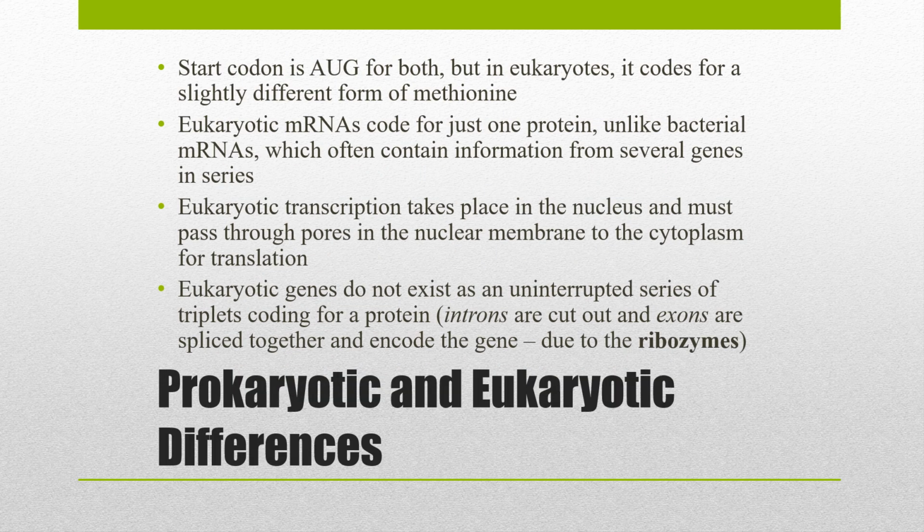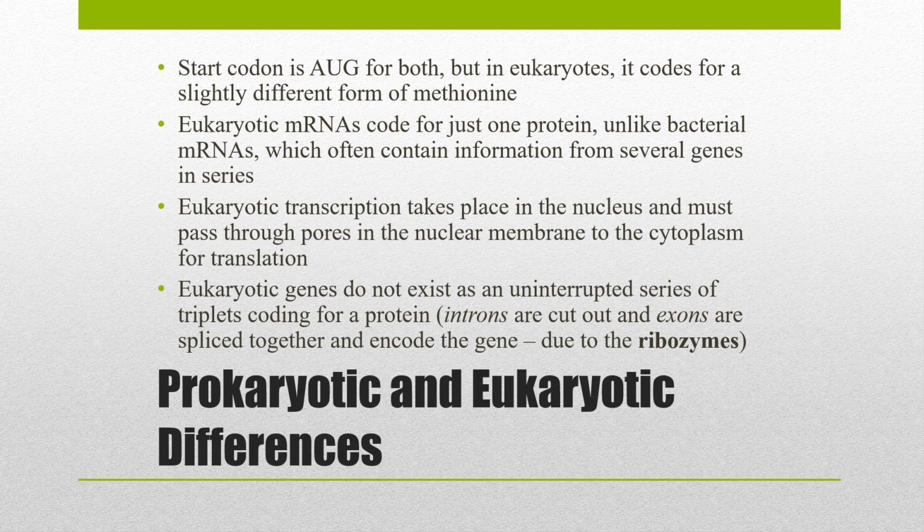Another big difference is that ribozymes are only present in eukaryotic cells, where they cut out that junk DNA within that DNA sequence. So that is going to be those A's, T's, C's, and G's that do not code for anything that we can immediately tell what it does.